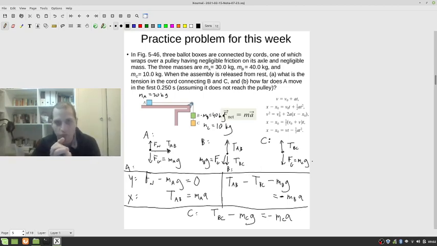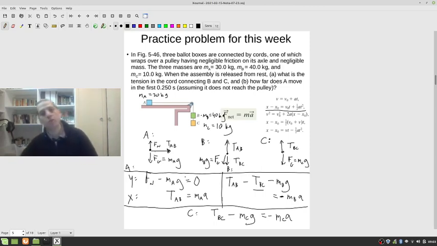So we did the whole physics part of it. I want you to work through the rest of the math part. I'm asking you what's the tension in the cord connecting B and C, so you want to find TBC. And I'm asking you to find the acceleration, basically, because I'm asking you how far does A move in the first 0.250 seconds. So you're going to have to use your acceleration and use one of your kinematic equations to finish the problem.